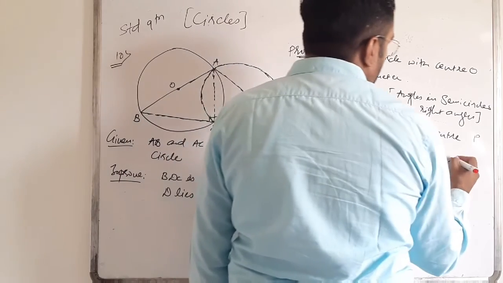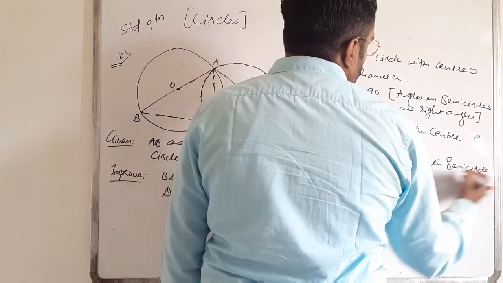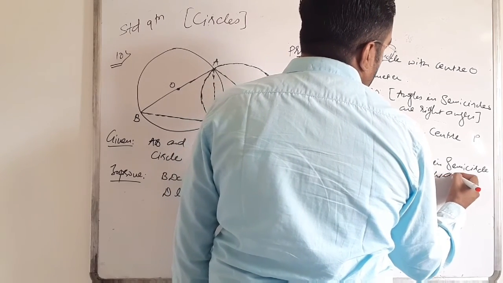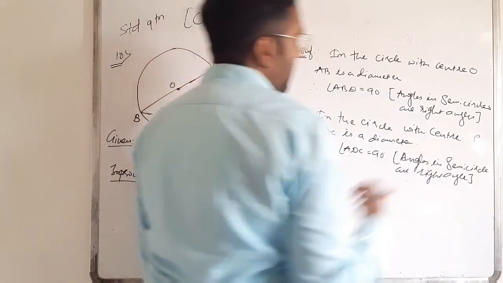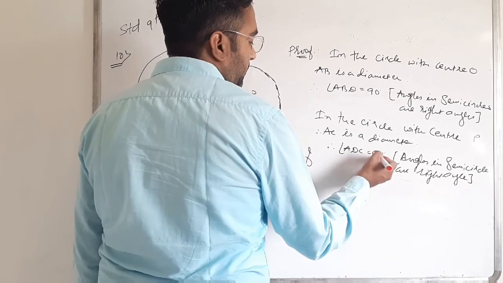Angles in a semicircle are right angle. Clear that? Angles in the semicircle are right angle.